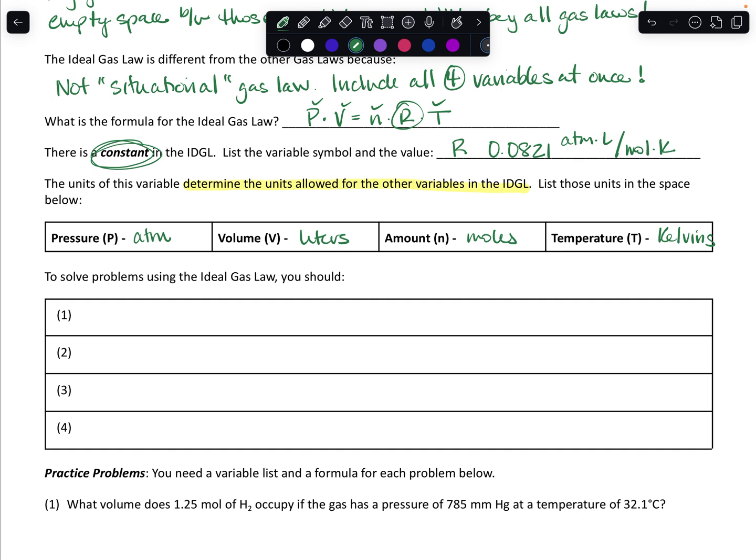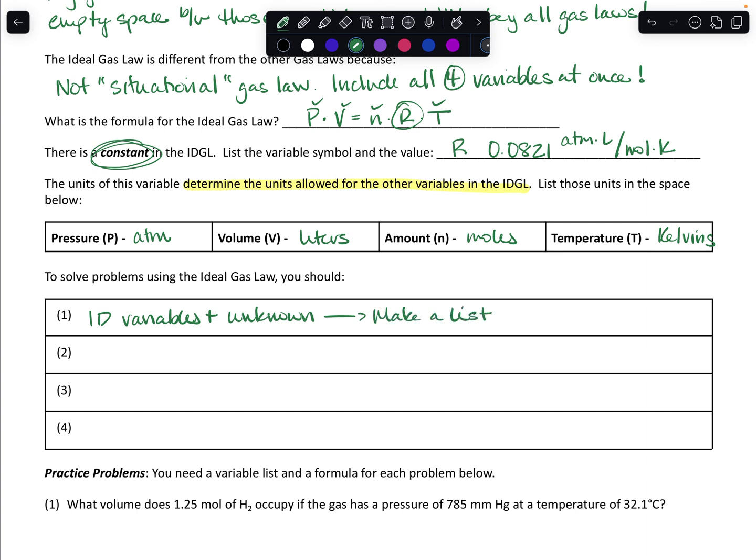Now, to solve problems using the ideal gas law, you're going to do something really similar to what we did with our other gas laws. You're going to identify your variables and your unknown. Then you are going to make a list.